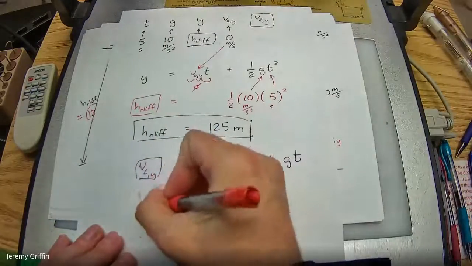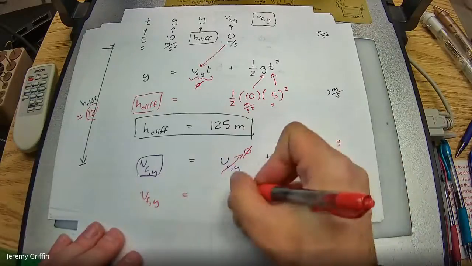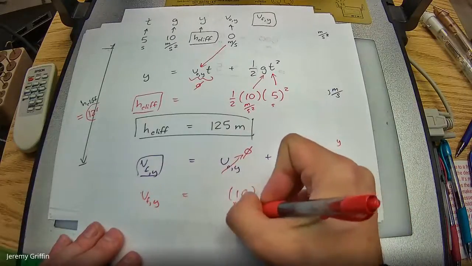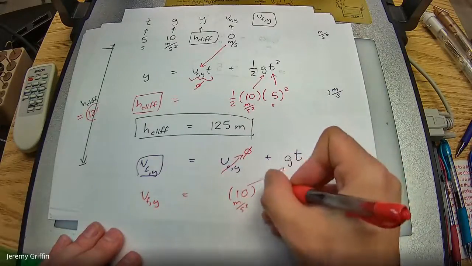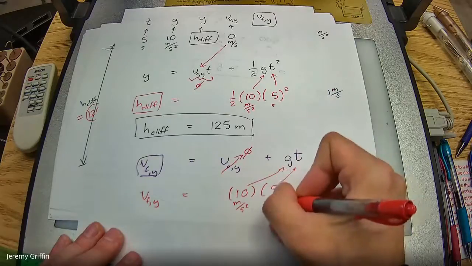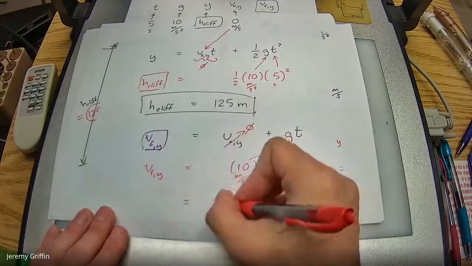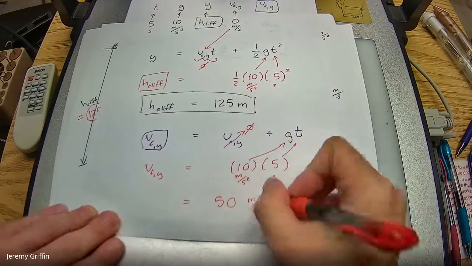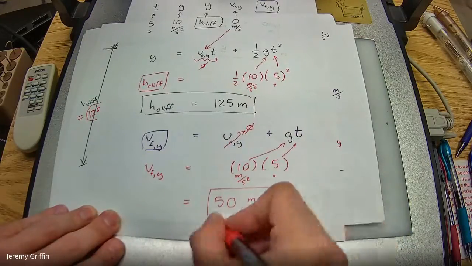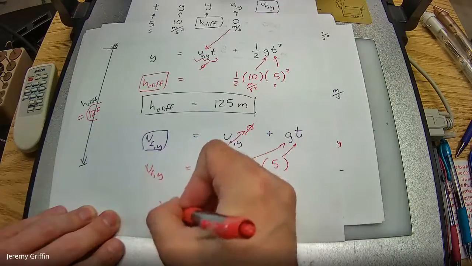Okay. So final velocity in the y direction is, I got 10 meters per second squared. Do that for 5 seconds, wouldn't that be 50 meters per second? That's final velocity in the y direction.